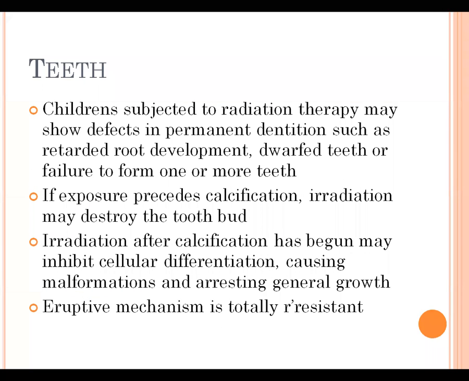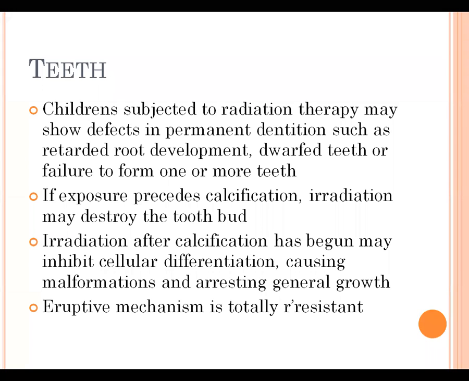Then next, we'll see how the teeth will be affected due to radiation. Here we'll see after calcification and before calcification. Children subjected to radiation therapy may show defects in permanent dentition, such as retarded tooth development or failure in the formation of one or more teeth.